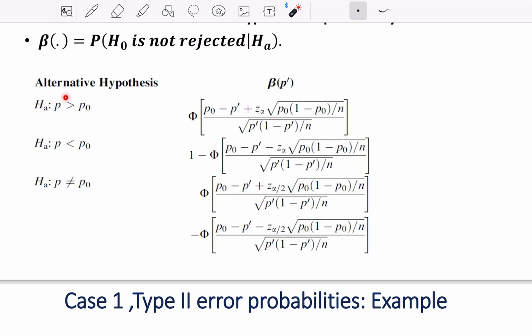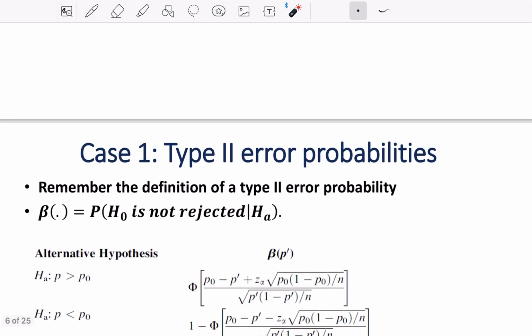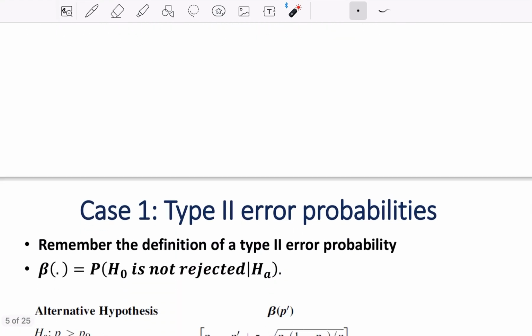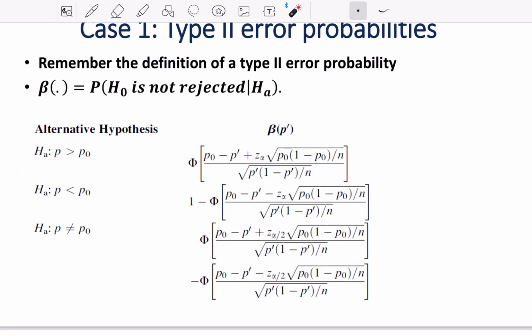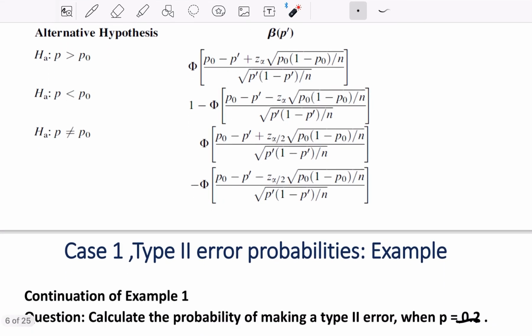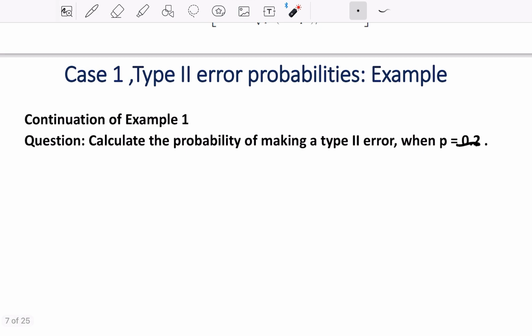So this is for an upper-tailed, this is for a lower-tailed, and this is for a two-sided or two-tailed test. So in this case, remember, from example 1, we were looking at an upper case. So our case will be this case, right? So we're going to use this to calculate some example based on example 1 on how to calculate your type 2 error probability. Okay, so I came up with a scenario here.